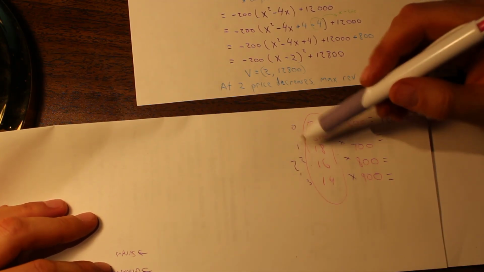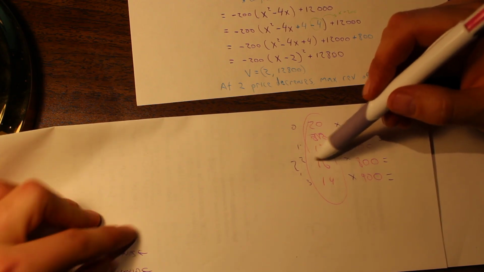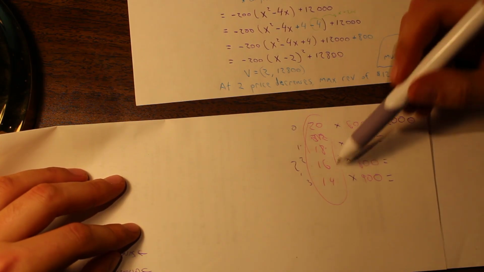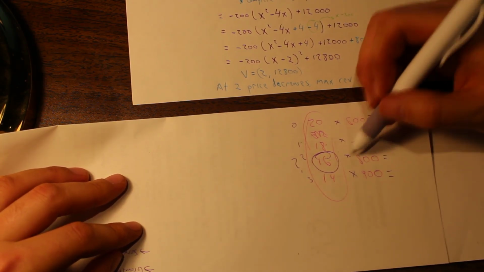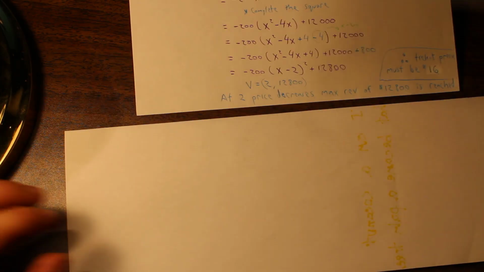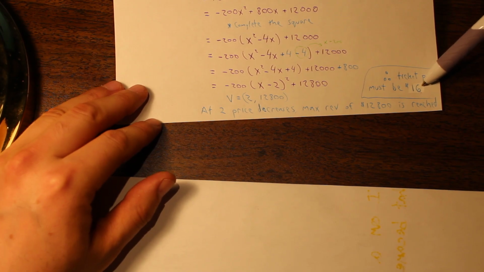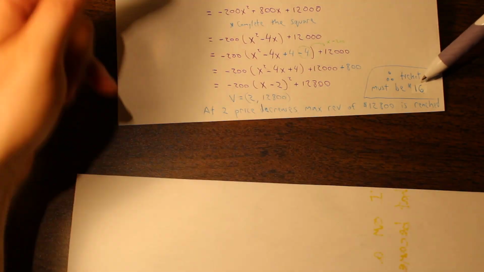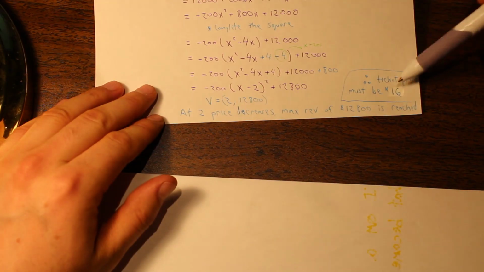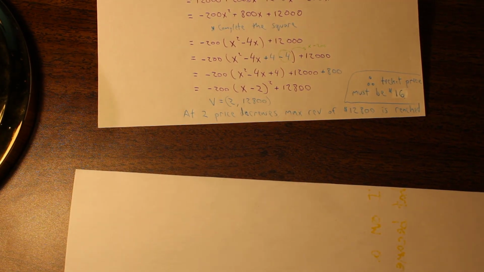But at 1 price decrease, the ticket price is going to be $18. At 2 price decreases, the ticket price is going to be $16. And that's going to give us our greatest revenue. So it's not $20, we go down $2 twice. And that's the ticket price, $16, that gives us our greatest possible revenue.